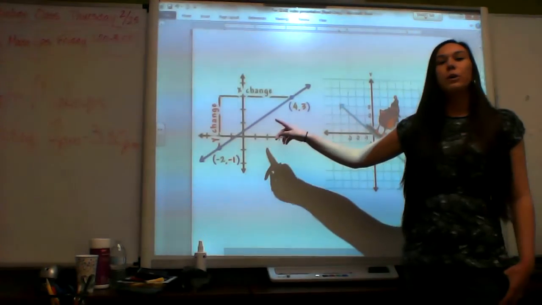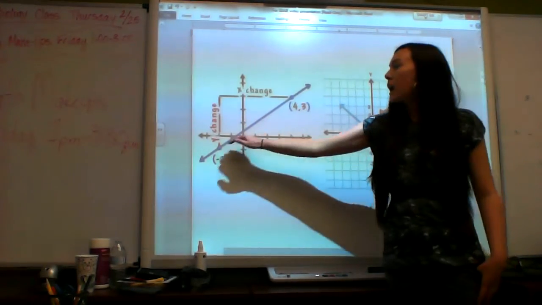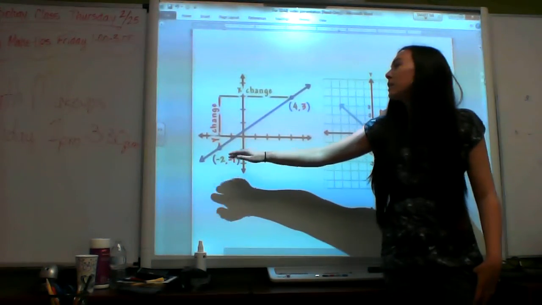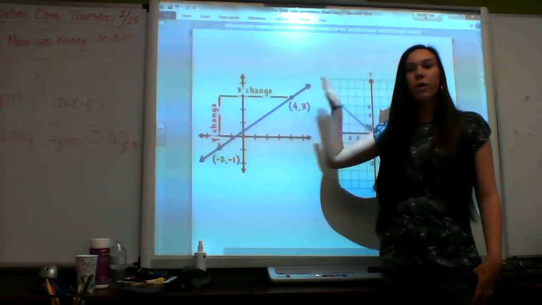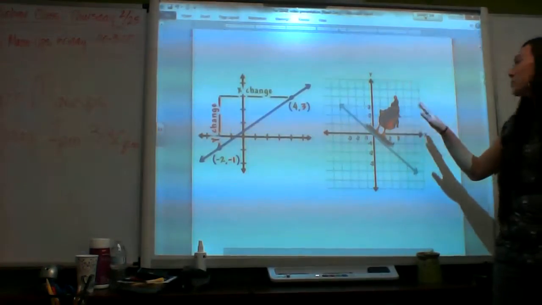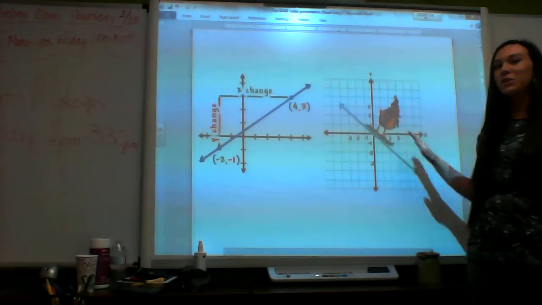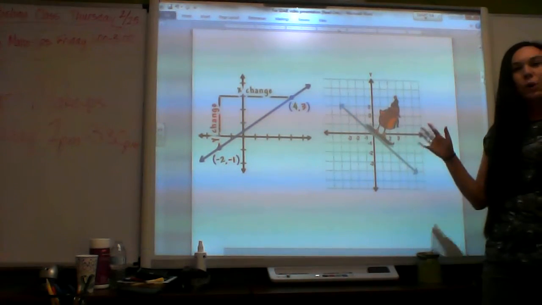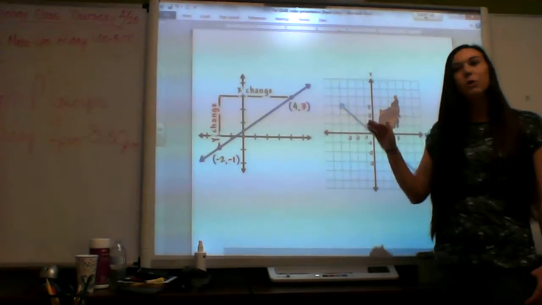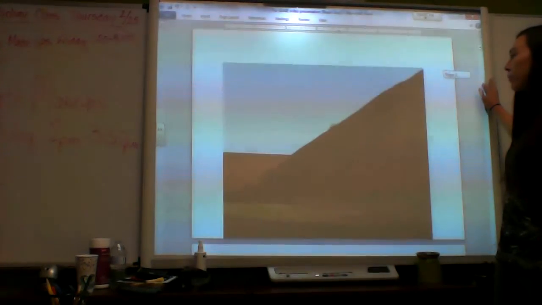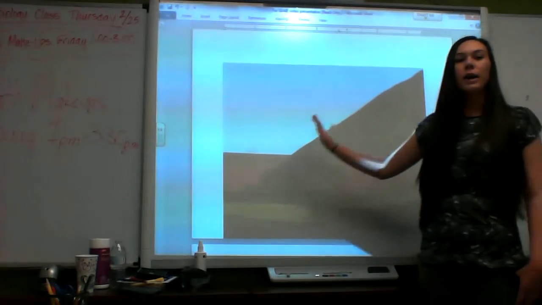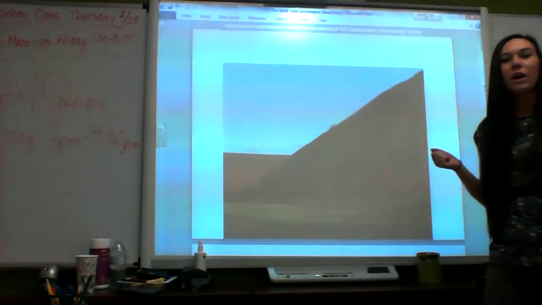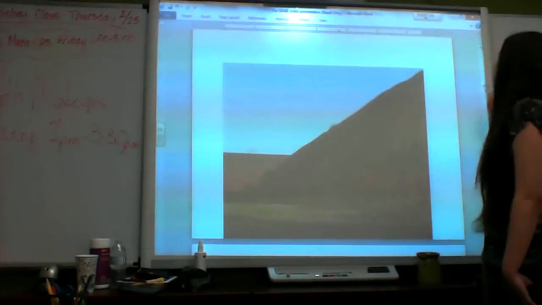Slope is the slant of a line, the change in y over the change in x, also known as rise over run. Some of you said skiing, so this shows a little penguin skiing, snowboarding, things like that on a slope. Sometimes we think of slope like a mountain slope or a hill slope. All right, great. We're going to go to word 2.